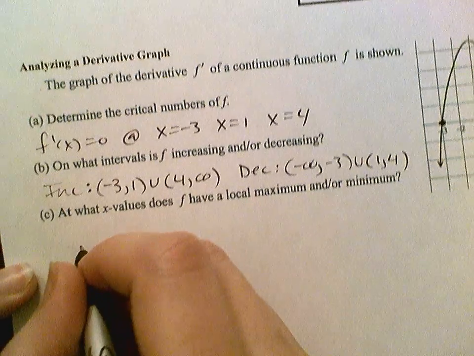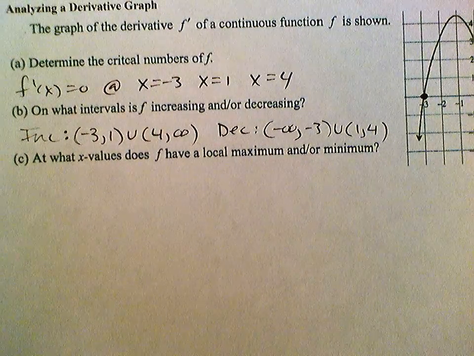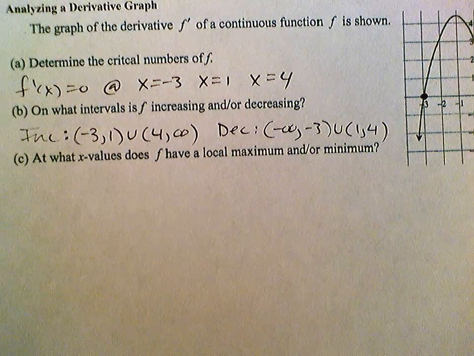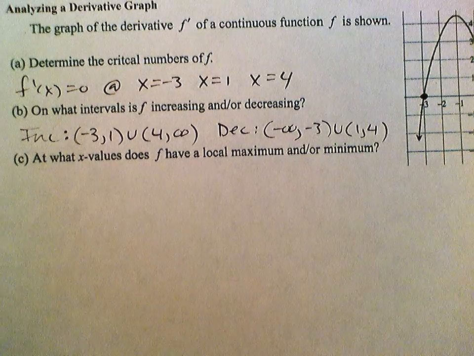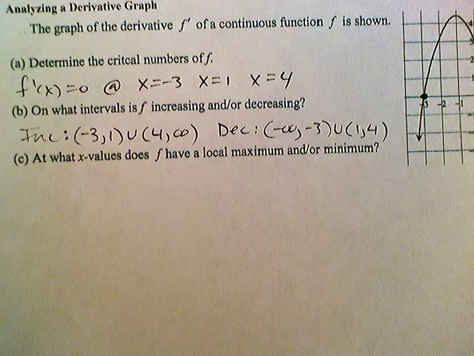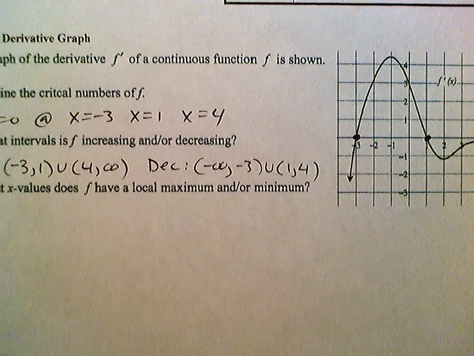Okay, so at what x value does f have a local max? So let me just tell you what it is, and then I really want you, there's no homework, so I want you to think about why. All right, so let's actually have that be part of the homework. Okay, so I changed my mind about no homework.